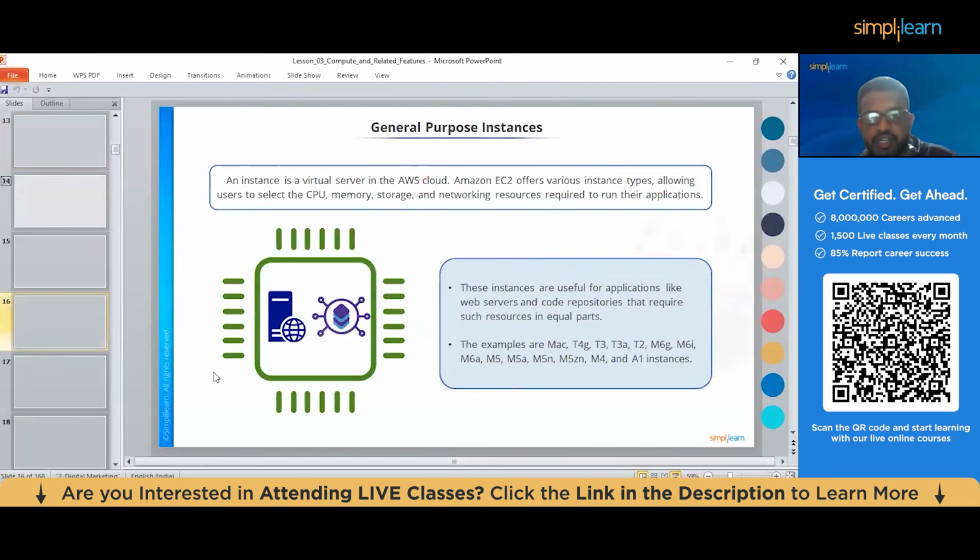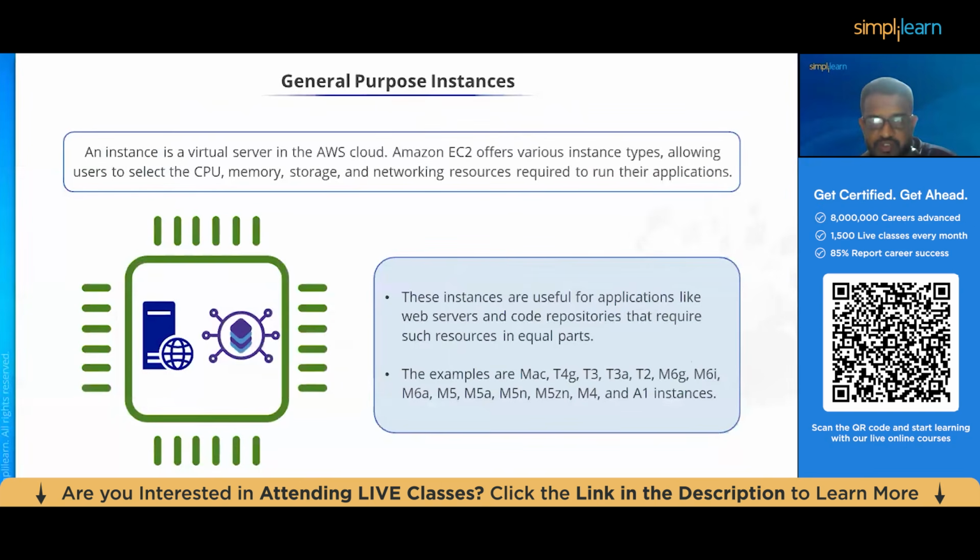Now, let me take you to the first topic of today's session, that is instance type. One important point: in the protocol itself, I'll clearly specify how much information is required for the solution architect associate level I'm discussing with you. I'm repeating because I'm a trainer who also takes professional certifications: professional solution architect, associate solution architect, sysops administrator, DevOps and all.